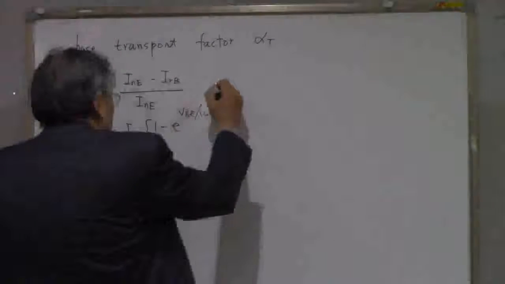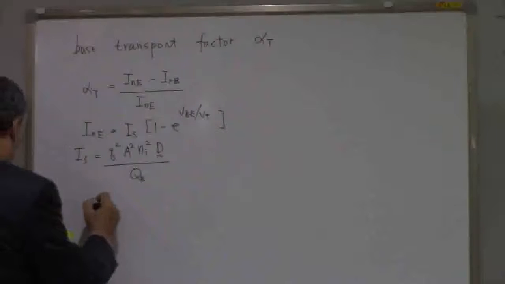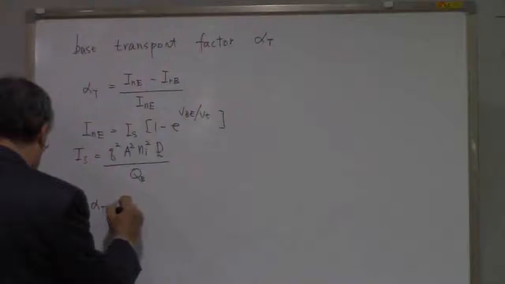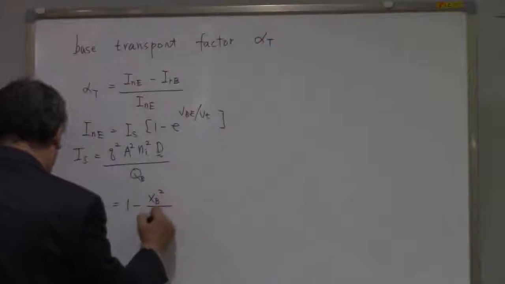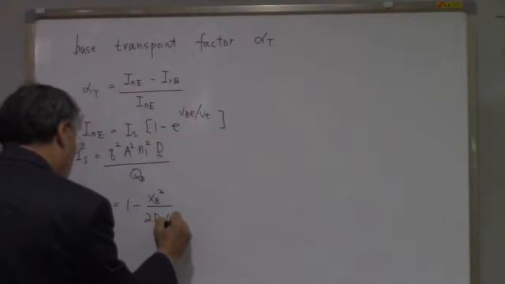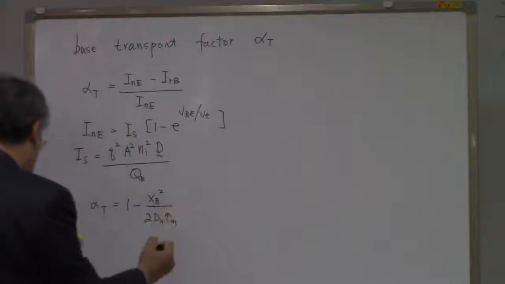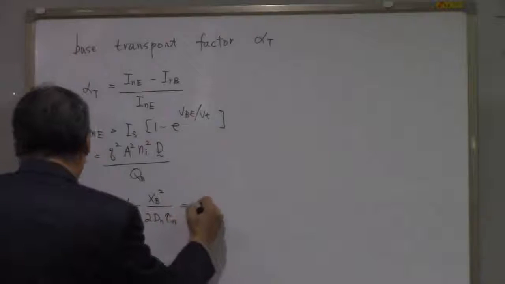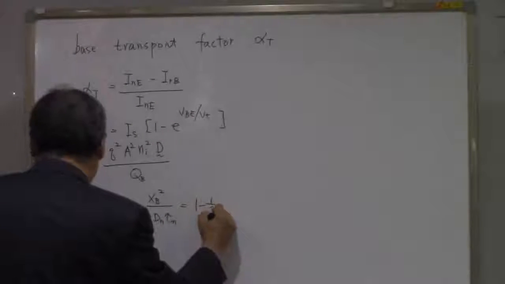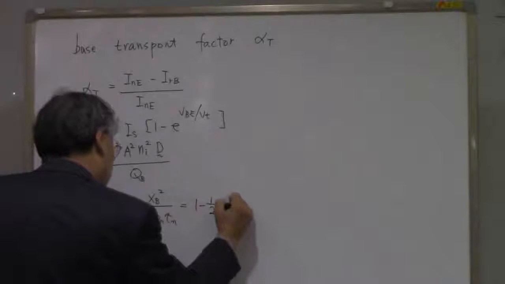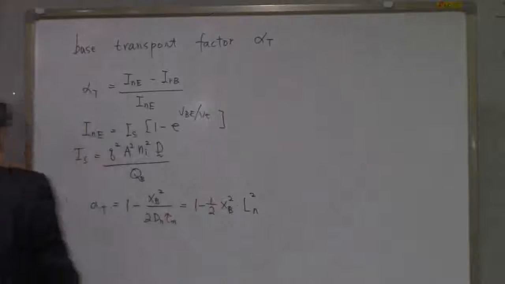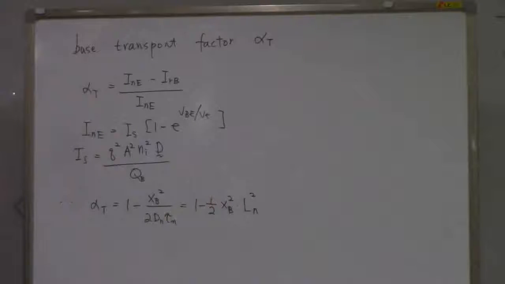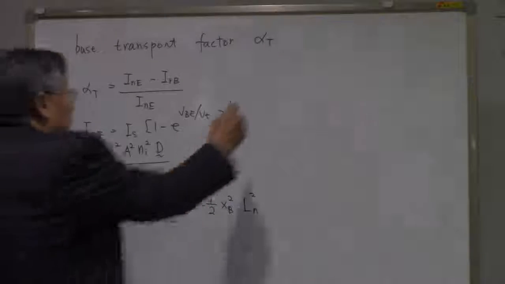And so alpha T is 1 minus XB squared over 2 Dn tau n, and that is going to be 1/2 XB squared over Ln squared, diffusion length squared.